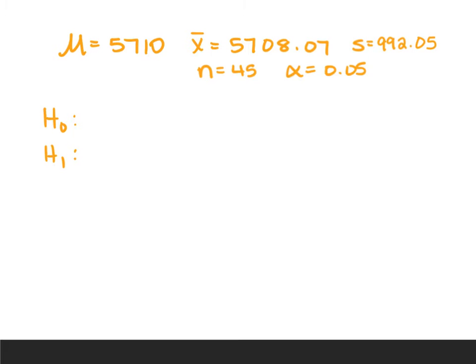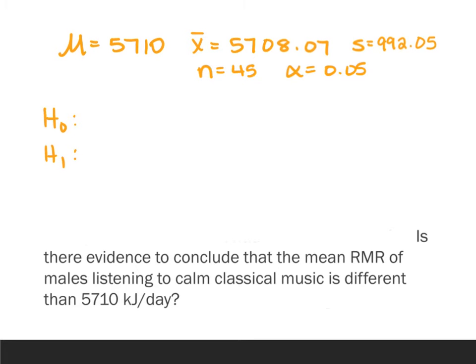We can come up with our null hypothesis without needing to know what we're asked to find, but we need the question again to get the correct alternative hypothesis. So our question goes back to: is there evidence to conclude that the mean resting metabolic rate of males listening to calm classical music is different than the resting metabolic rate when they're in silence?